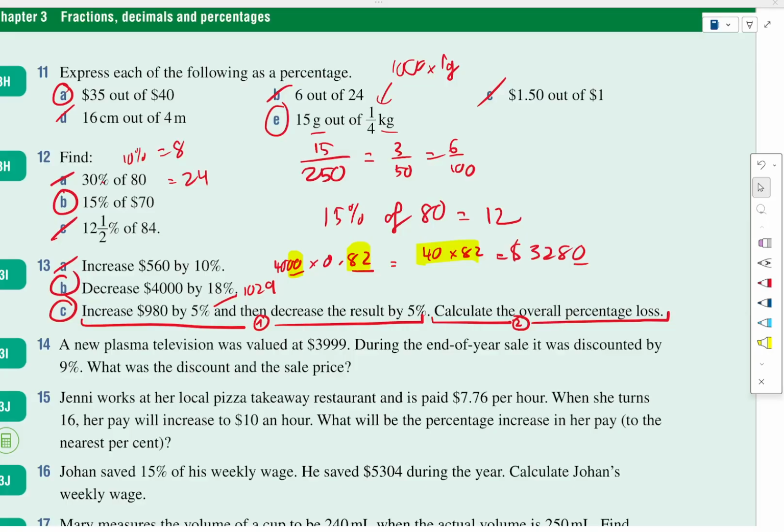So let me quickly double check. We've got the 50.145. So 1% is 10.29, times 5 is not 50.145. Let me try that one again.